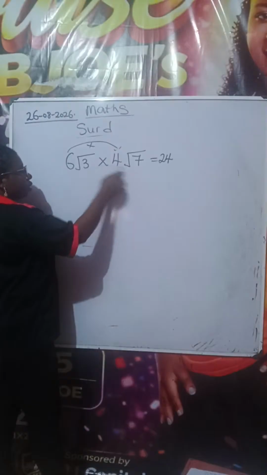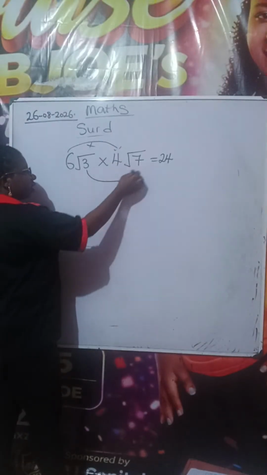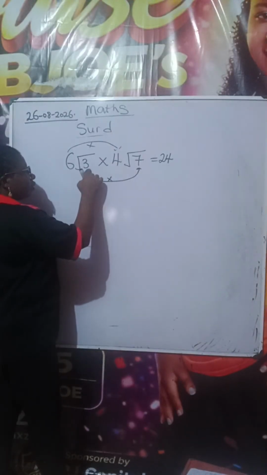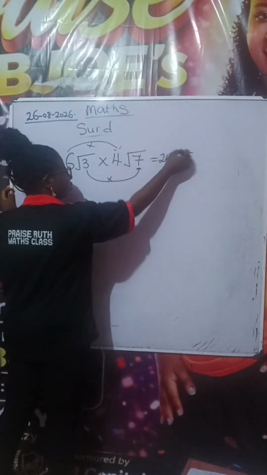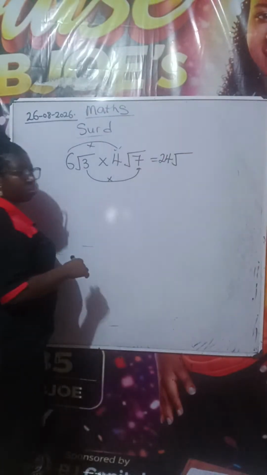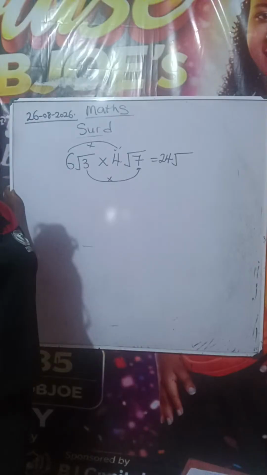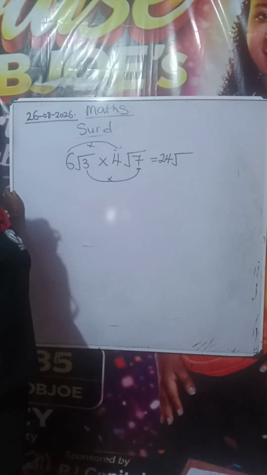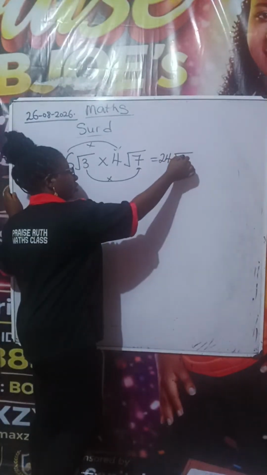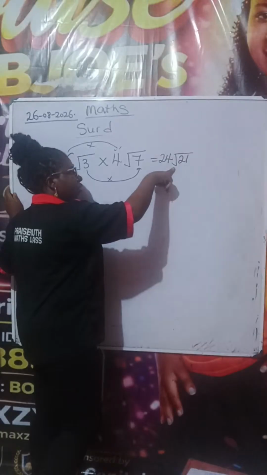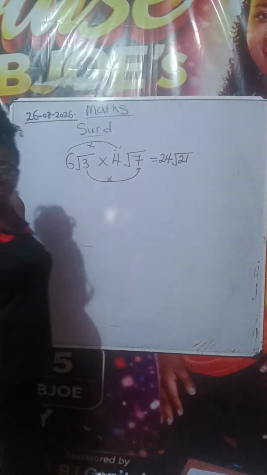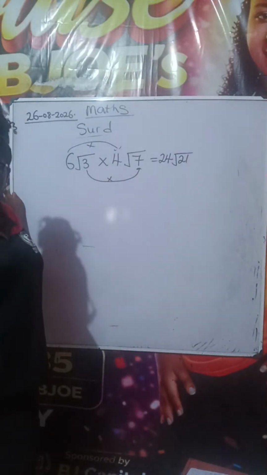Then multiply the roots, 3 times 7, and we get 21. Do we have the square root of 21? It's not possible, so we leave it like this.